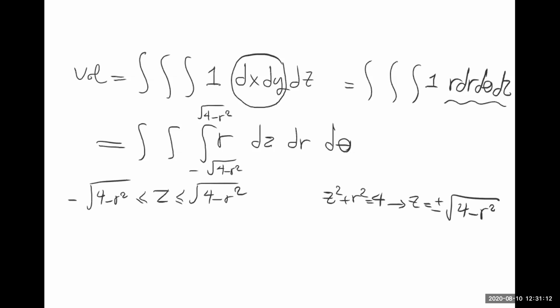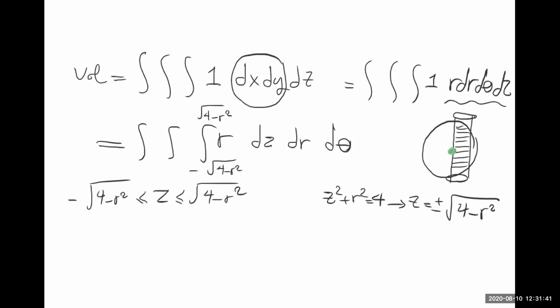What are the bounds for r? Well, let's take a look at these surfaces. So what are the values of r? If we look at the graph of these two surfaces carefully, this is the region we want to compute its volume, and this is the center.